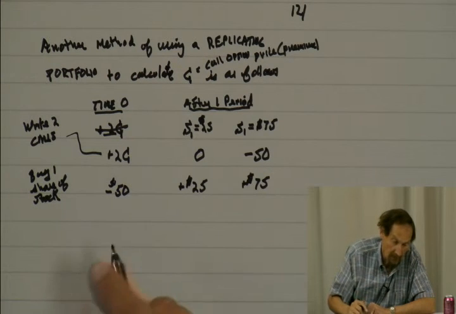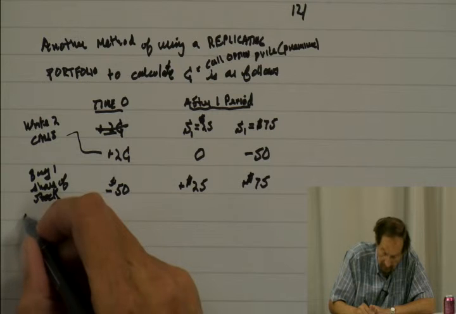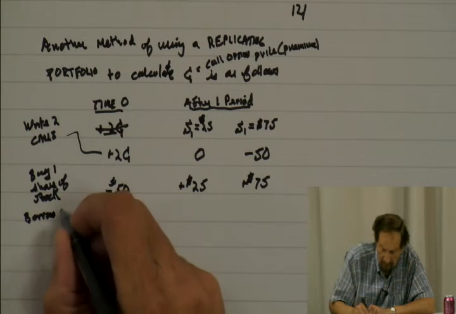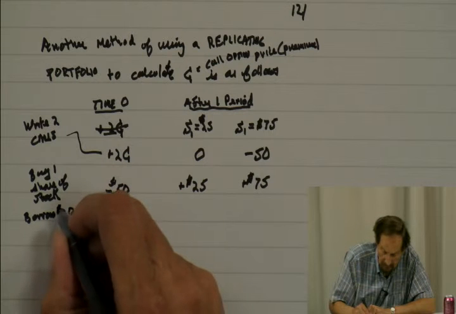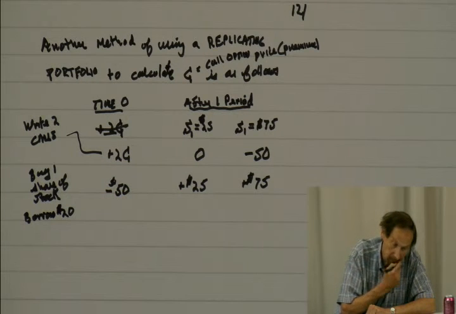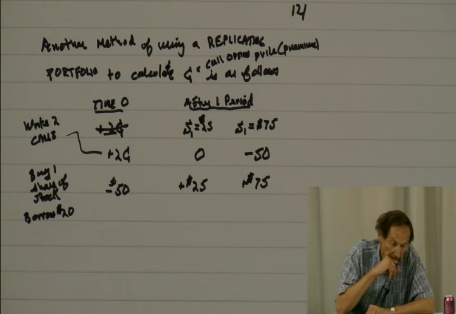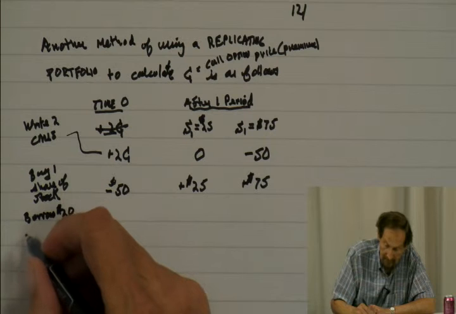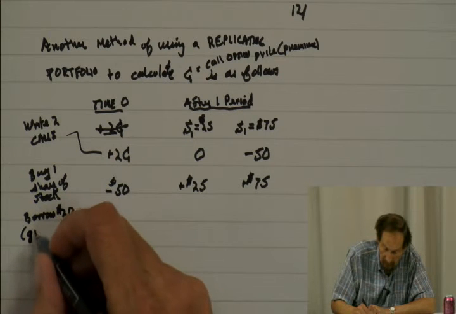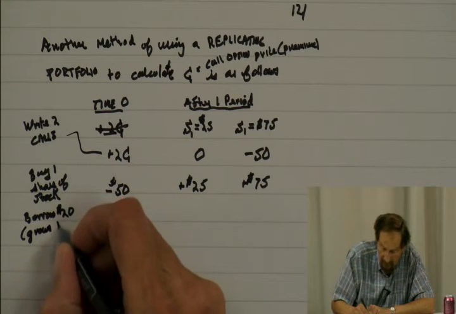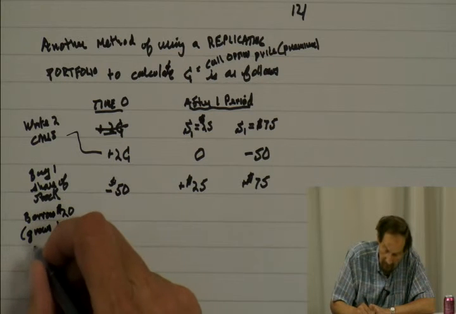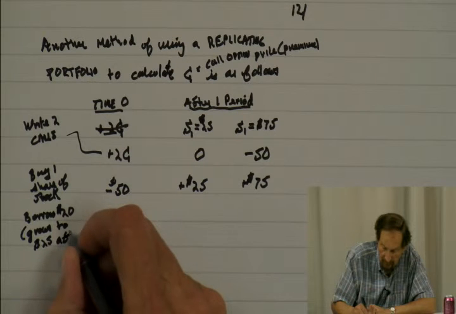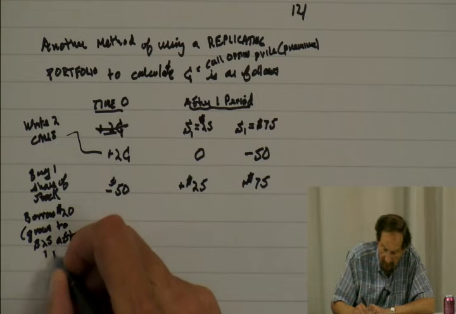Now, if we borrow $20, what can happen? The reason we're borrowing $20 is that it grows to $25 after one period.